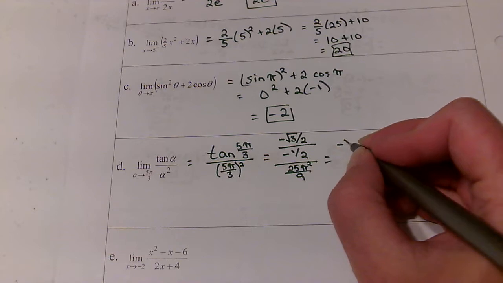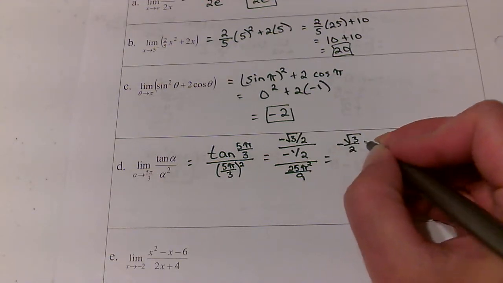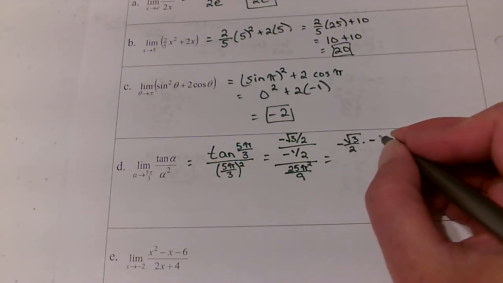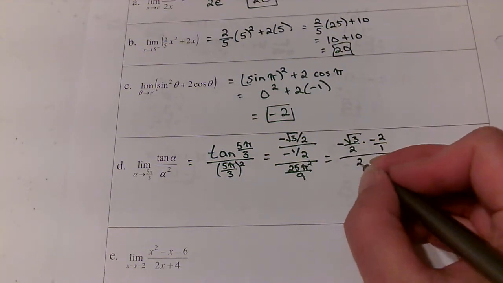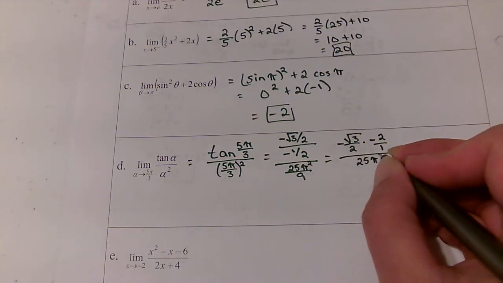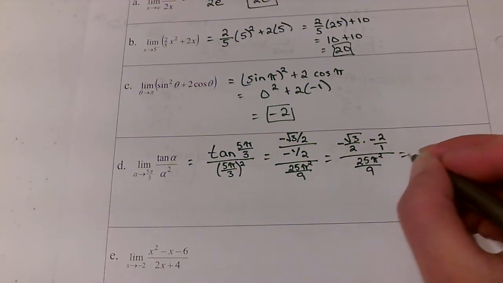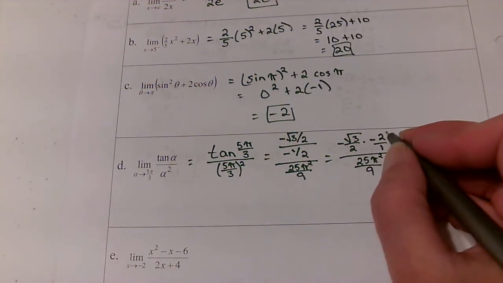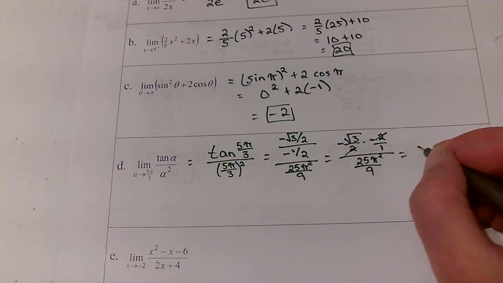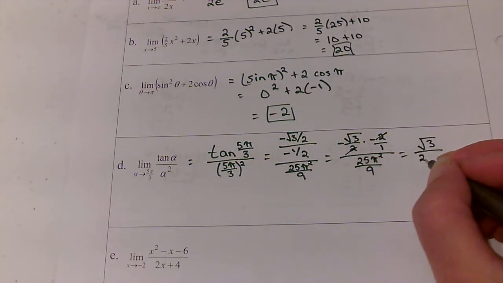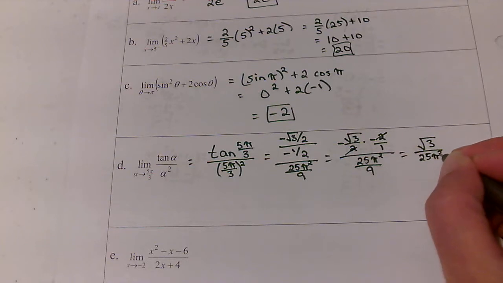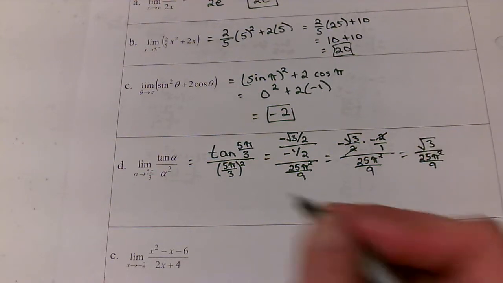Fraction over a fraction. We're going to flip the denominator. That's going to be 2's cancel. Square root of 3 over 25 pi squared over 9, dividing by a fraction.